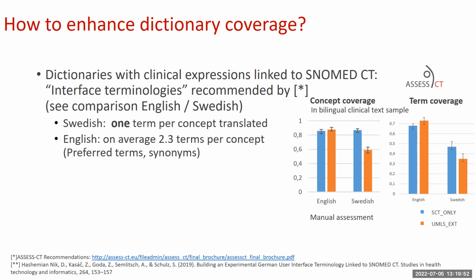And so, for instance, it's very obvious if you compare English to Swedish, and in Swedish we have only 1 term per concept translated. In English we have on average 2.3 terms per concept, whereas the concept coverage is the same more or less. Yeah, the term coverage drops dramatically for Swedish just because there's only 1 term per concept.